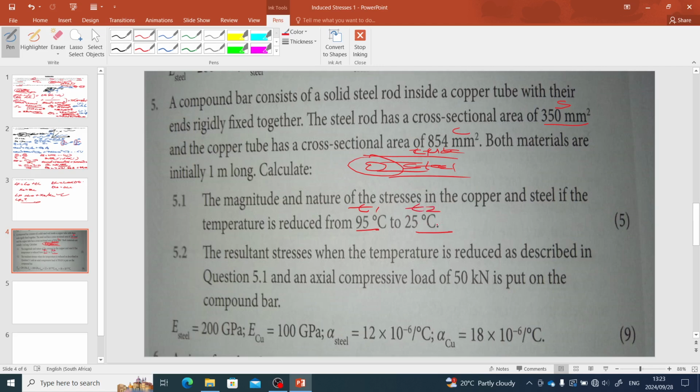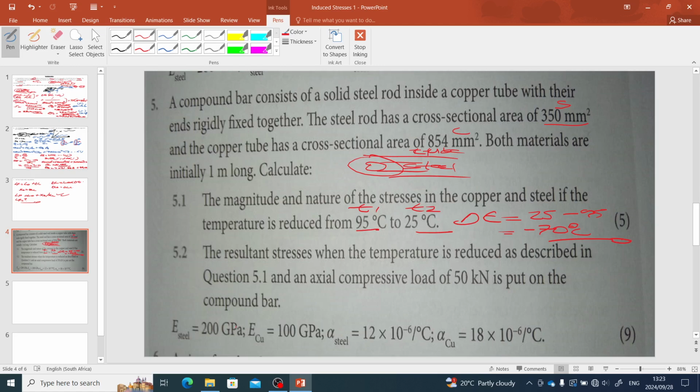Now when you deal with these questions, it is very important to read the questions clearly. So it is from 95 to 25. That means in calculating the change in temperature, you are having 25 minus 95, of which the answer here would be minus 70 degrees Celsius. Because it was clear that they said from 95 to 25, T1 to T2.